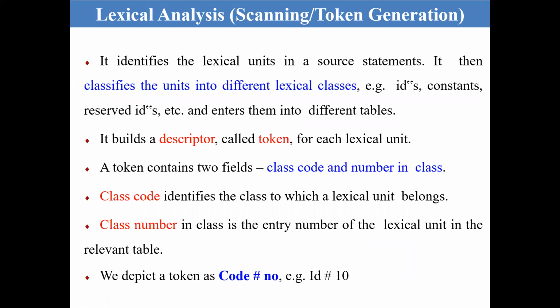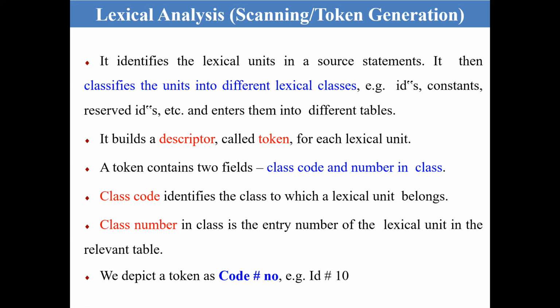Right? So first one, lexical analysis. So this is for a particular compiler. It identifies the lexical units in the source statements and then classifies the units into different lexical classes. Right? So it builds a descriptor, and that descriptor is called a token, for each lexical unit.